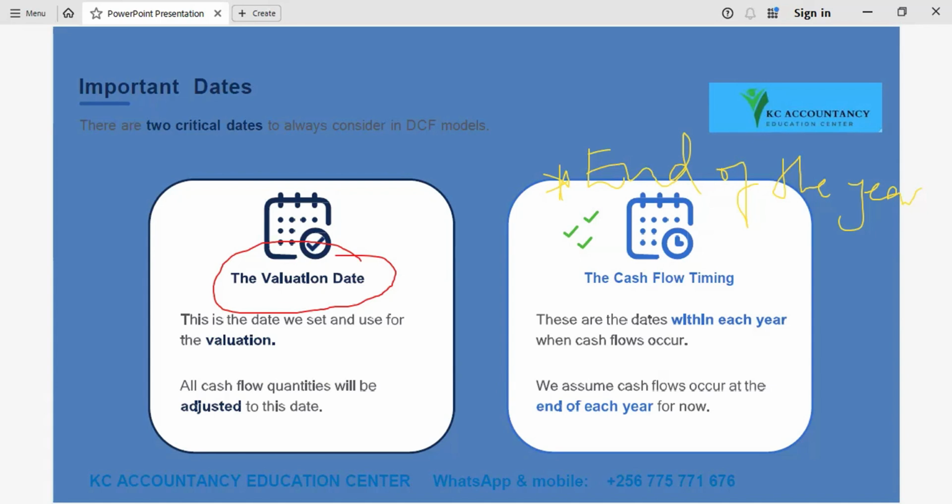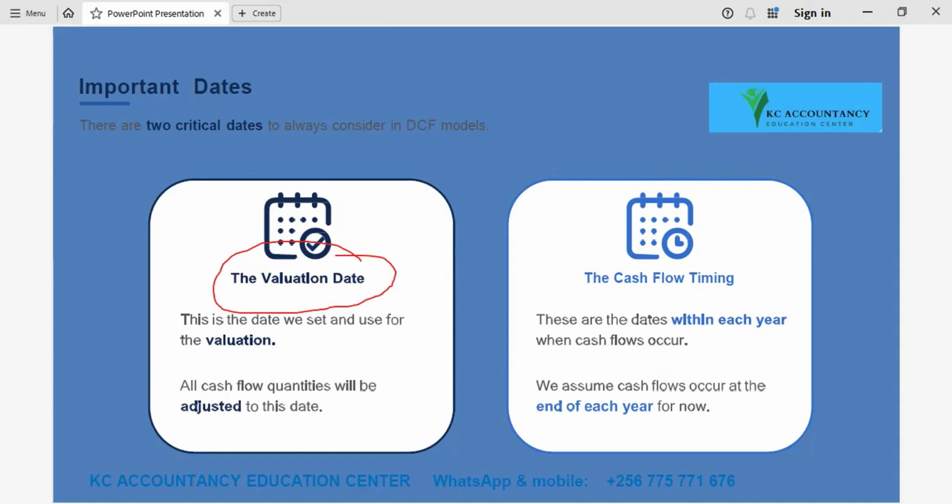So the other thing we need to look at is this item here, the valuation date. We are done with the timing of the cash flows. We've said for now we are going to assume that they are coming in at the end of the period.